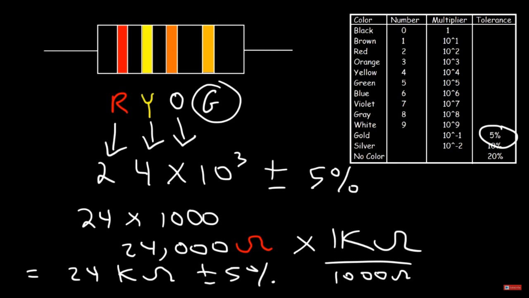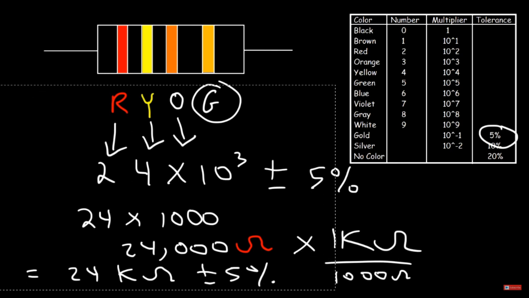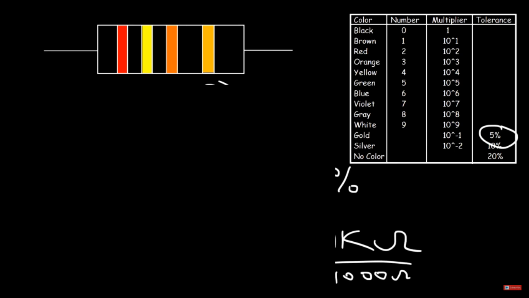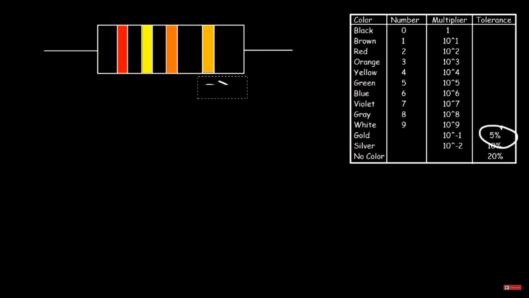Now let's go ahead and calculate the range. So what we want to do is find out what 5% of the resistance is equal to. So right now we have 24 kilo ohms, plus or minus 5%.